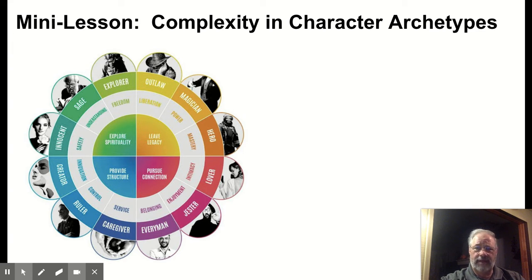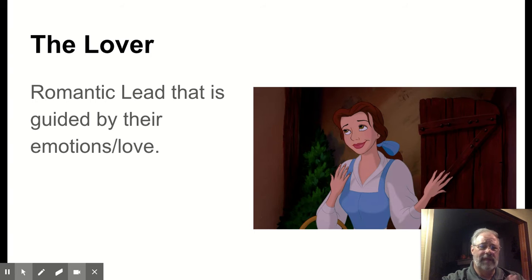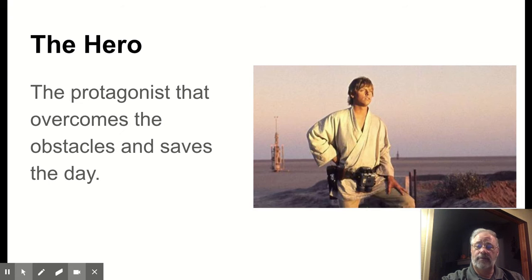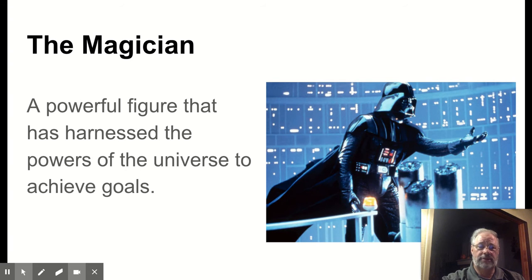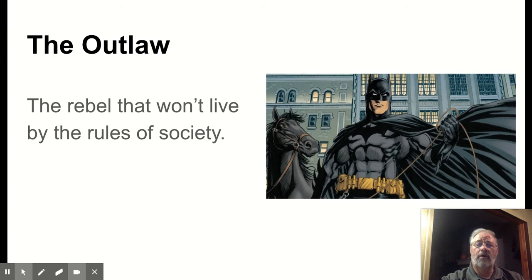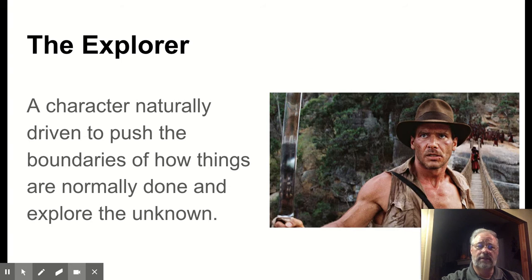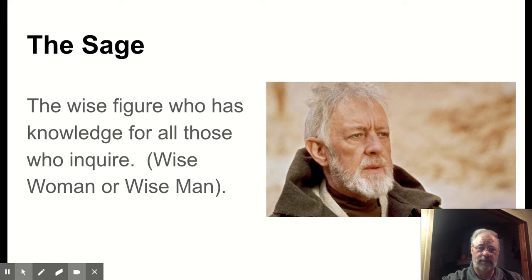As I said, on Friday, we introduced character archetypes. And I also said on Friday, it's easier if we just kind of go through the categories. There's 12 of them. So your characters could be a romantic lead. It could be a hero in your story. It could be a magician, a powerful figure who's harnessed the universe. There's Darth Vader. We talked about Thanos. The outlaw, a rebel, an explorer. Okay, push the boundaries of how things are normally done.